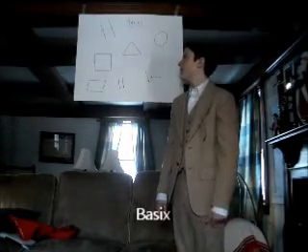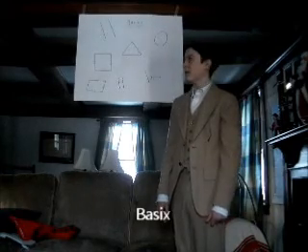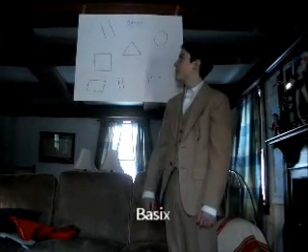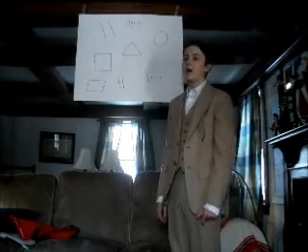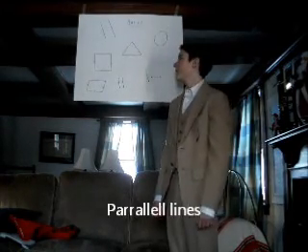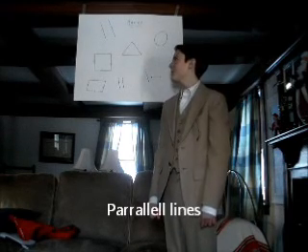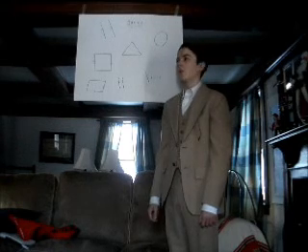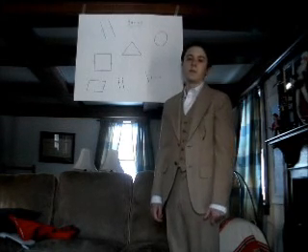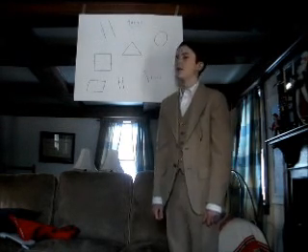Basics. Now, we got some really good stuff in the top right corner here, as you can see. These are lines, but being more specific, they're parallel lines. Now, you might be asking, what are parallel lines? That's a really bad question, but I'm going to tell you anyway.